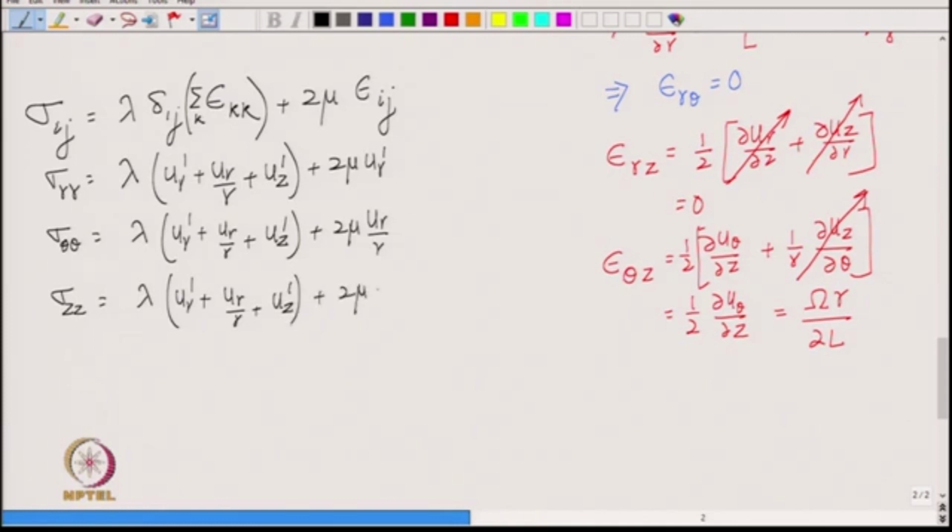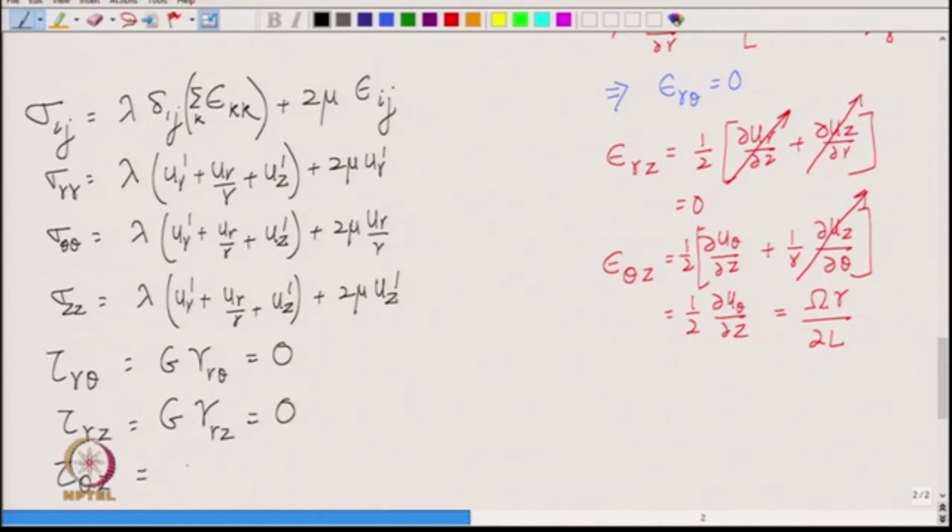Then sigma z z is lambda times u r prime plus u r by r plus u z prime plus 2 mu into u z prime. Then tau r theta is g times gamma r theta, which is equal to 0, and tau r z is g times gamma r z, which is also equal to 0. Finally, tau theta z is g times gamma theta z, but that is not 0.